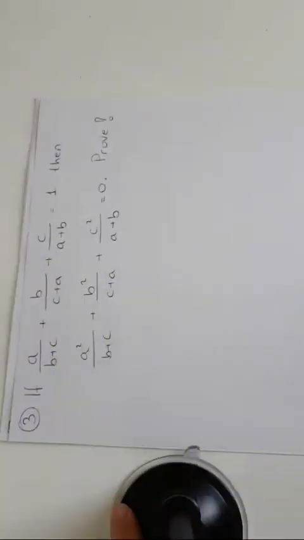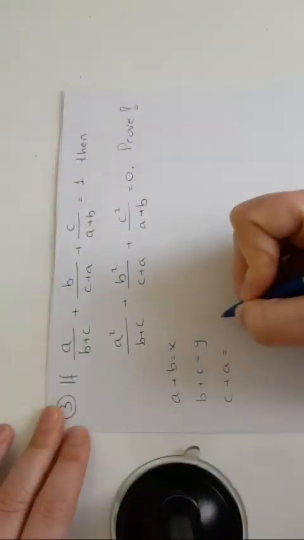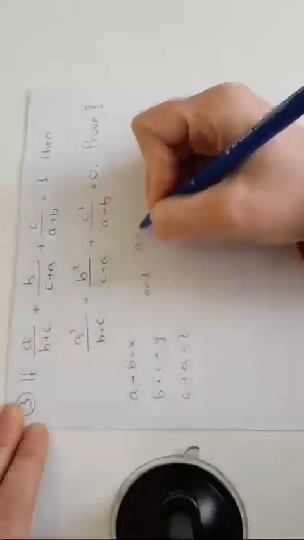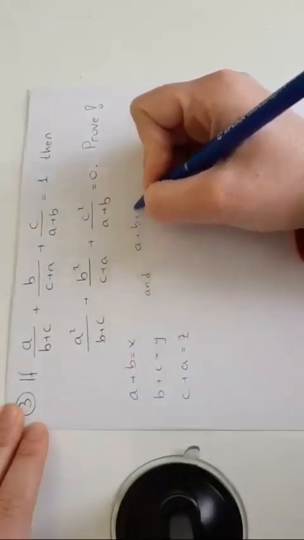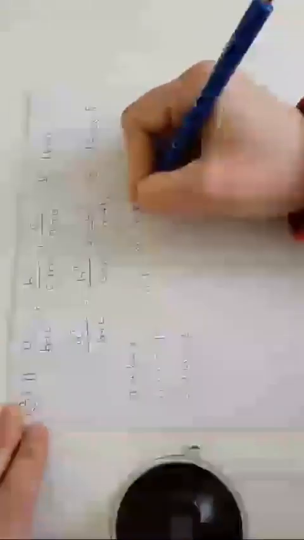Now I will start. I will name some terms. Instead of a plus b, write x; b plus c, y; c plus a, z; and a plus b plus c is equal to s.